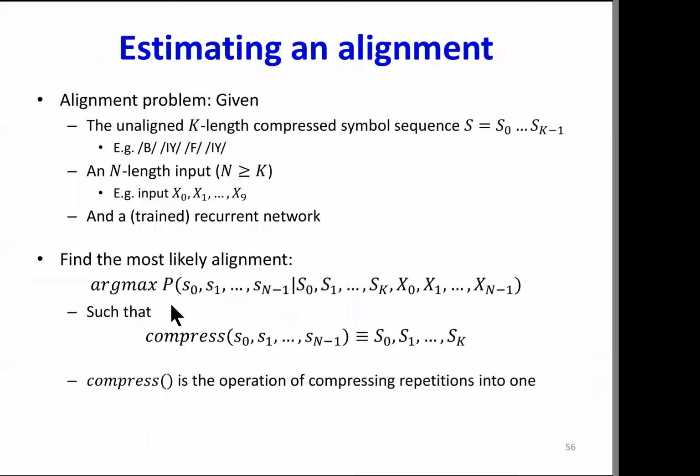Specifically, we want to choose the alignment that is most probable. In other words, we want to find the most probable time synchronous symbol sequence that will collapse to this order synchronous symbol sequence.